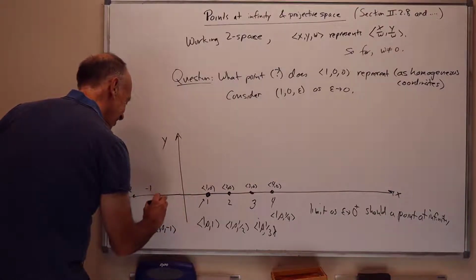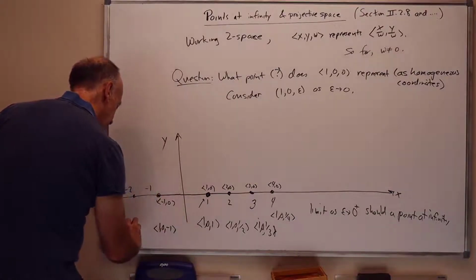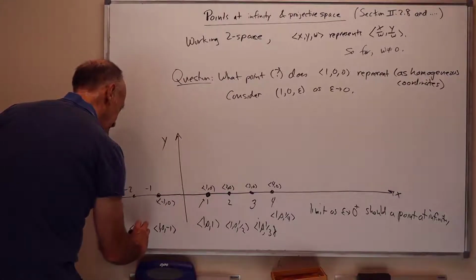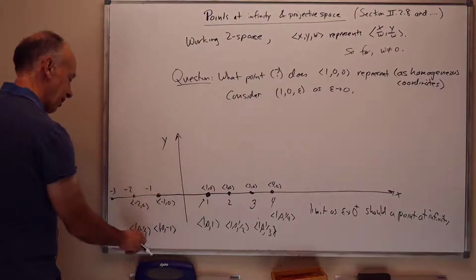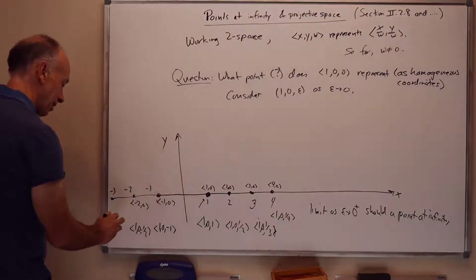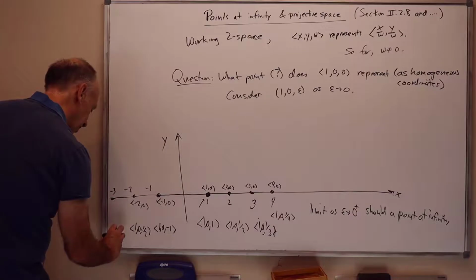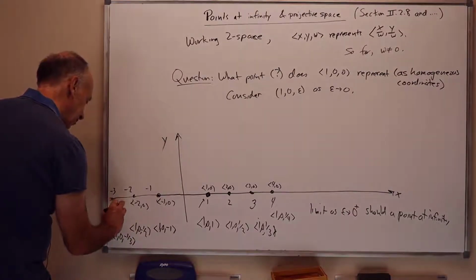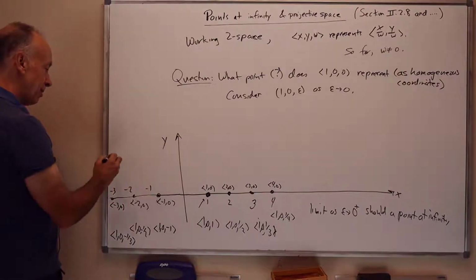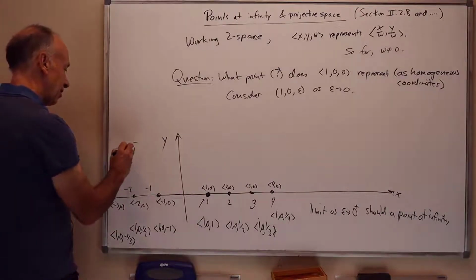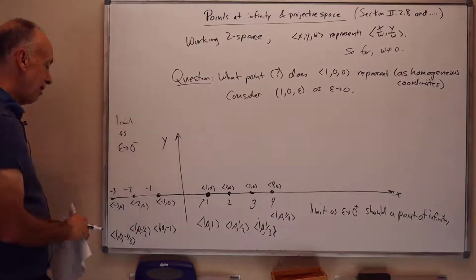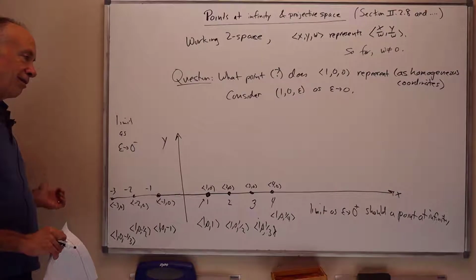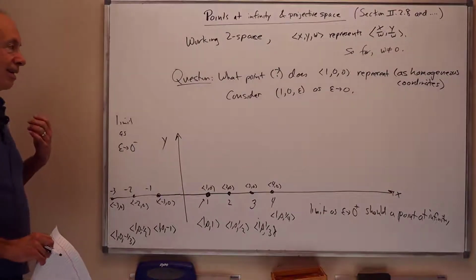The point 1, 0, minus 1 half represents minus 2, 0, again, because we're dividing through by minus 1 half, and we get minus 2, 0. The point 1, 0, minus 1 third represents minus 3, 0. And again, here epsilon is now tending to 0 from the negative side, so we take the limit as epsilon goes this way. And we should end up with the point infinity at the other end of the x-axis.